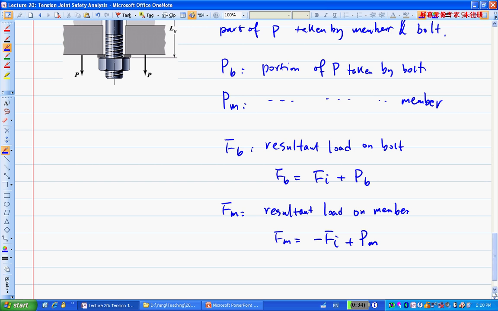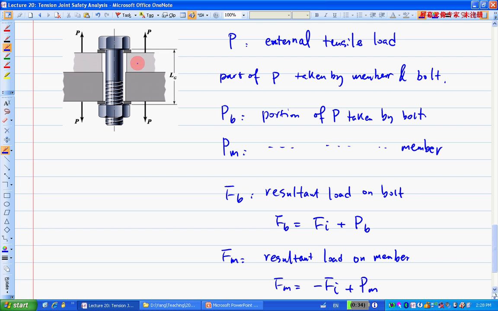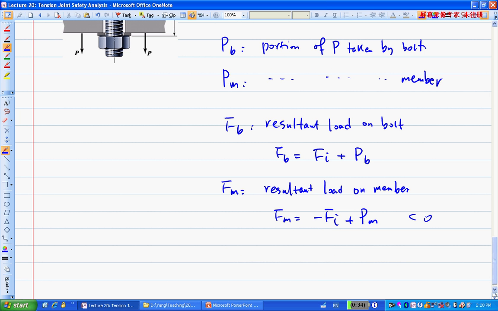Do you see what you want? You want Fm to be greater than 0 or less than 0? Fm is the resultant load on the member. If we're talking about the safety of the joint, the member actually has to always feel a force. What kind of force? Compressive. So really you want this one to be less than 0.